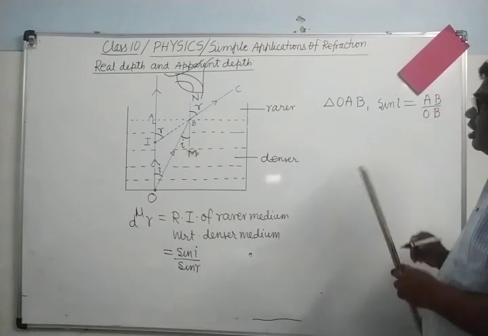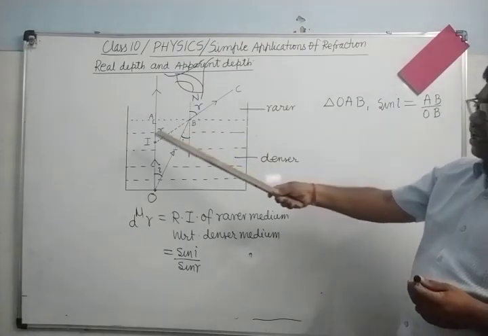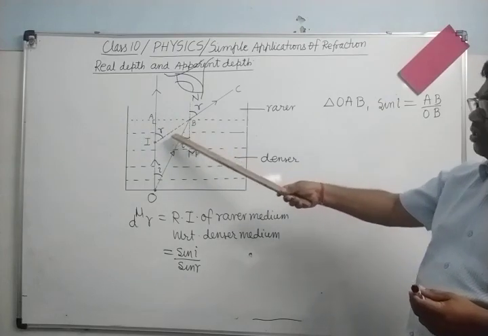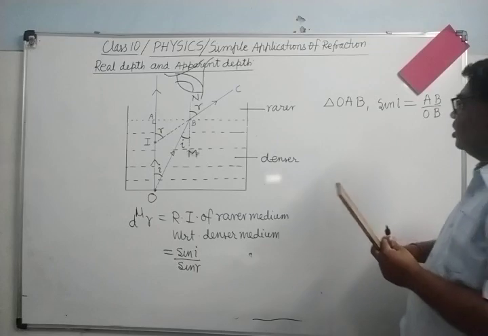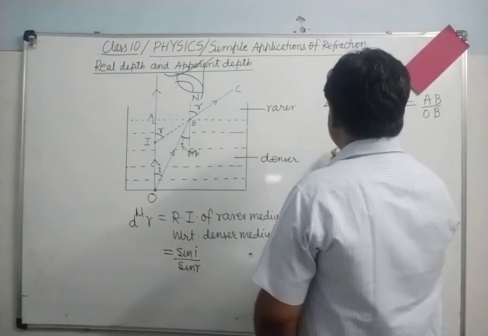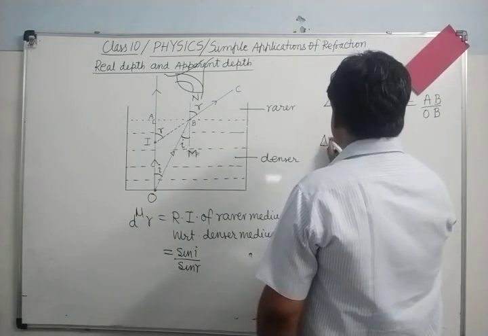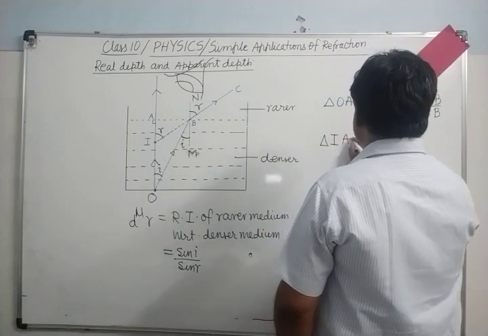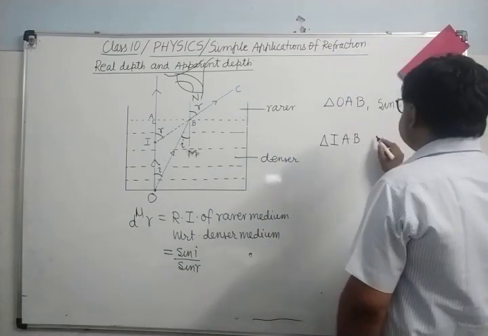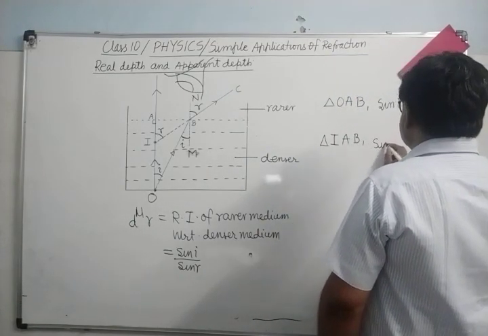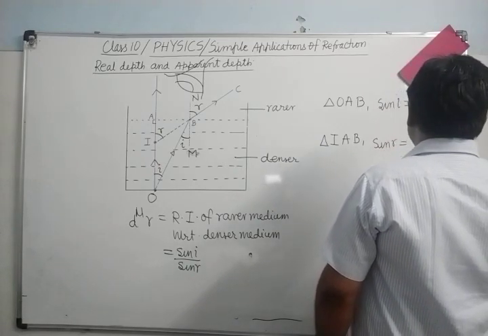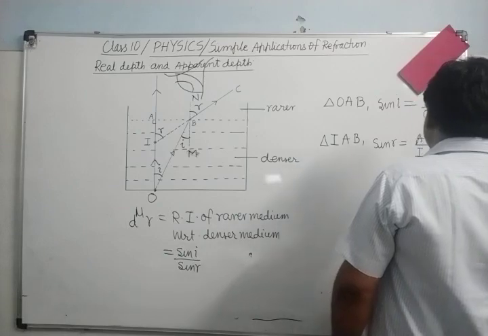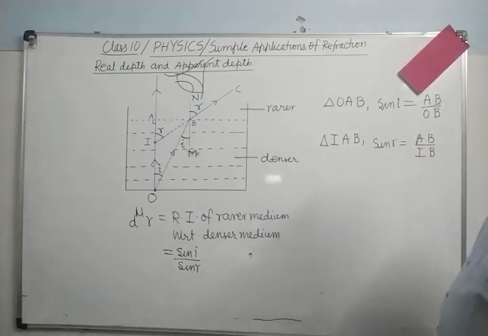It's clear. Now similarly in triangle IAB, what will be sin R? It will be AB upon IB. Sin R equals AB upon IB.